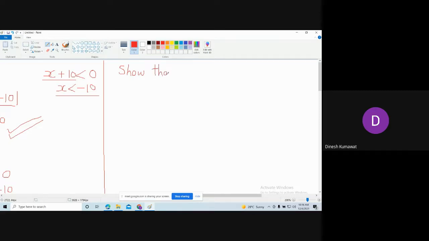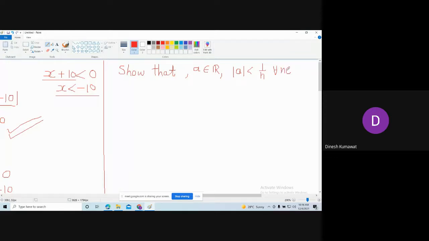Show that mod a is less than 1 by n whenever a belongs to the real numbers, and this is true for all natural numbers n.